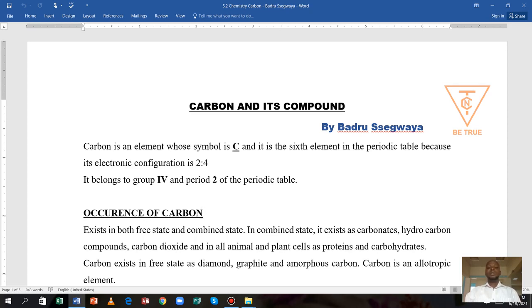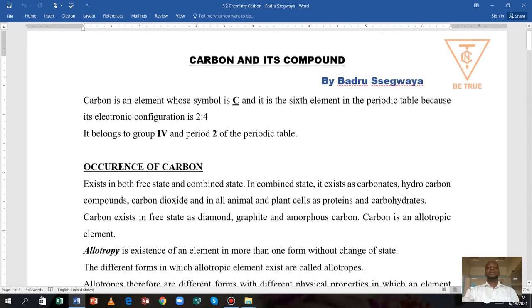It is also a component of plant and animal cells, especially in proteins and carbohydrates that make up these cells. In free state, carbon exists as diamond, graphite, and also in the amorphous form.